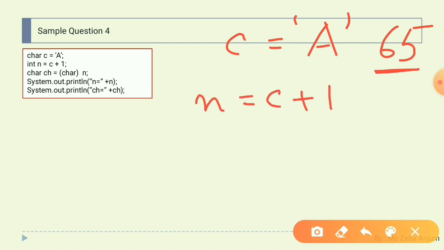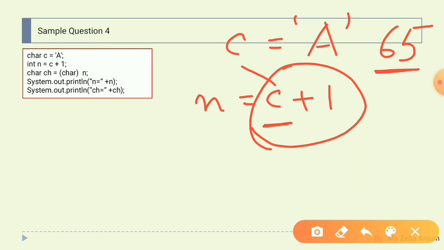Now see, c plus 1 we have, automatically this c will be converted to an integer over here. Yes, because we are doing an arithmetic operation, and we have to increment the value by 1, but c is what? c is a character, so automatically your compiler is going to convert this c into the integer data type. Yes, so the appropriate ASCII value will be fetched.